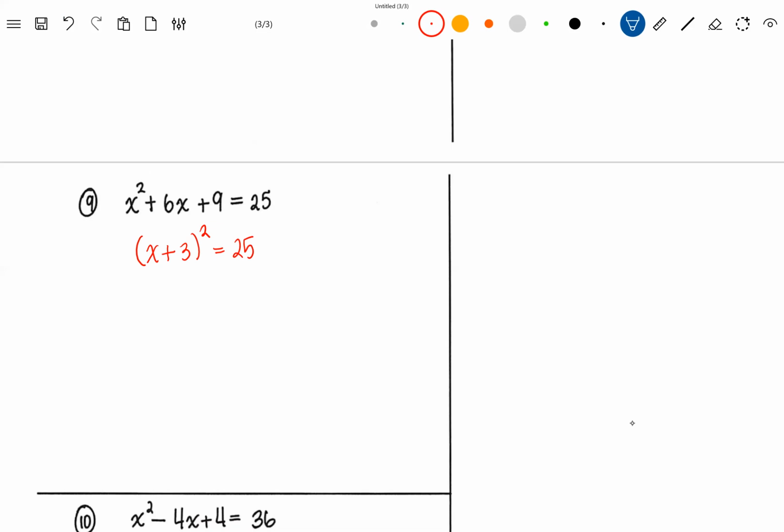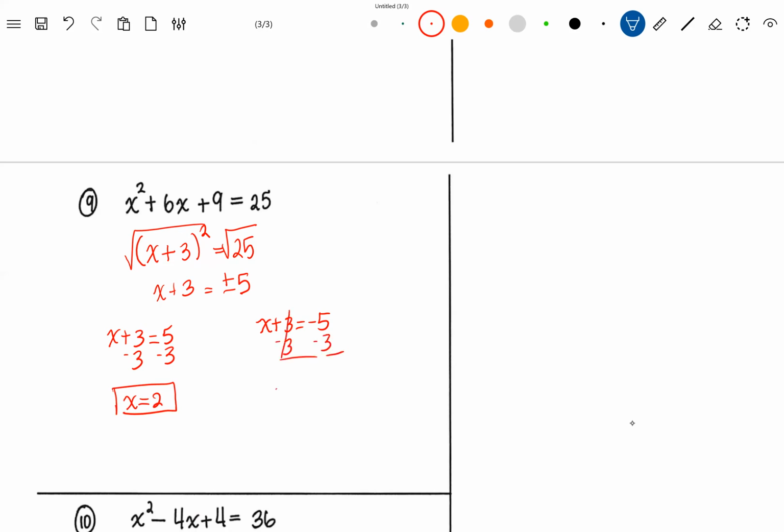Then I can cancel that square by square rooting both sides. And I have x plus 3 equals positive 5, and x plus 3 equals negative 5. So one of my solutions is x equals 2. And the other solution is x equals negative 8.